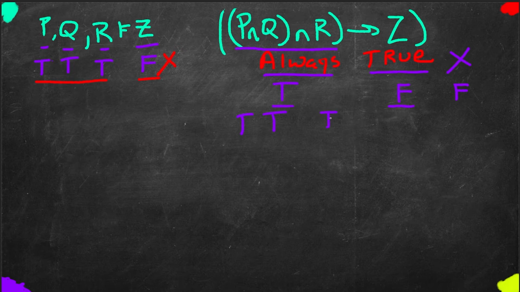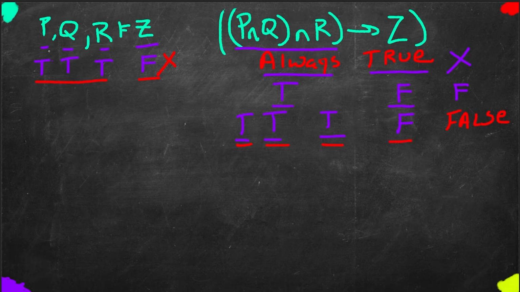And given that we said that this formula is false under one case, it would have to be in the case where P is true, Q is true, R is true, and Z is false. So in order for this conditional to be false, this assignment of truth values to those formulas has to hold.